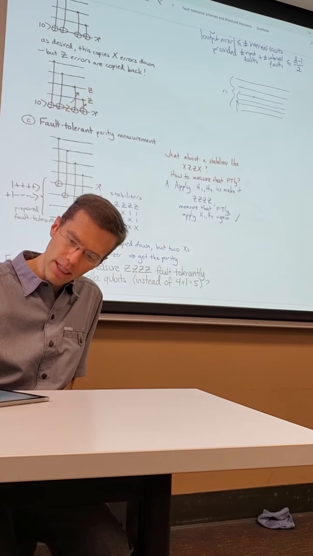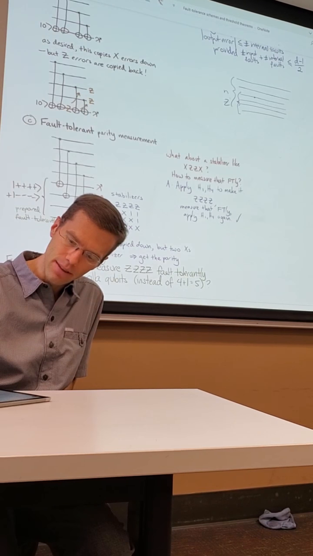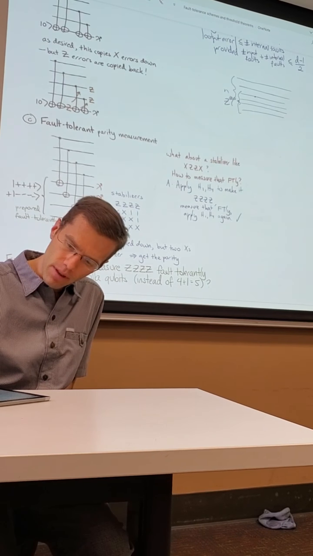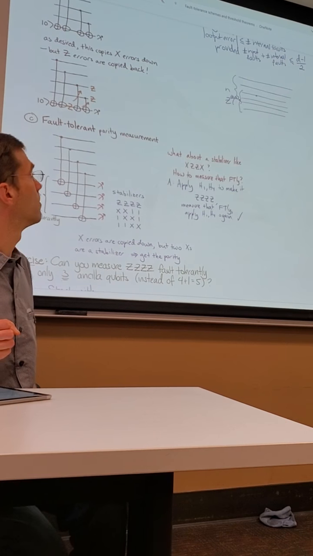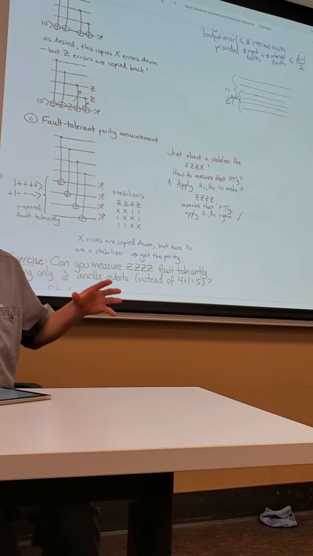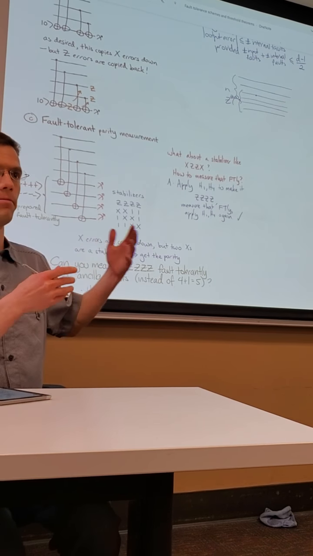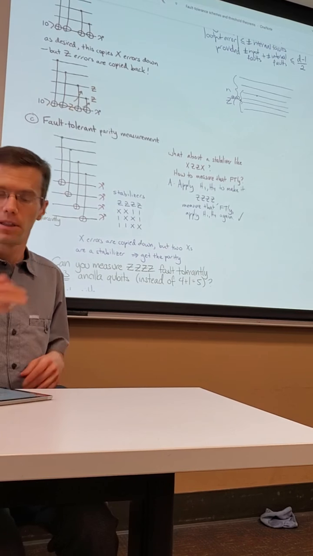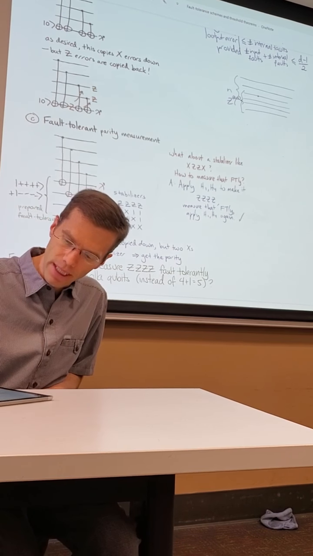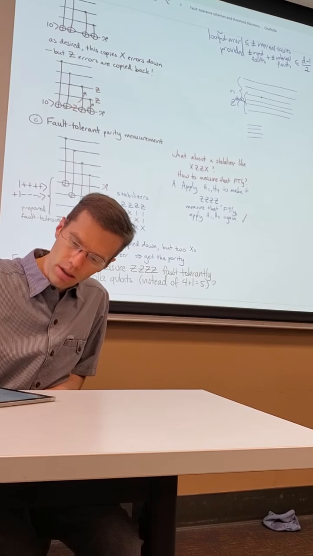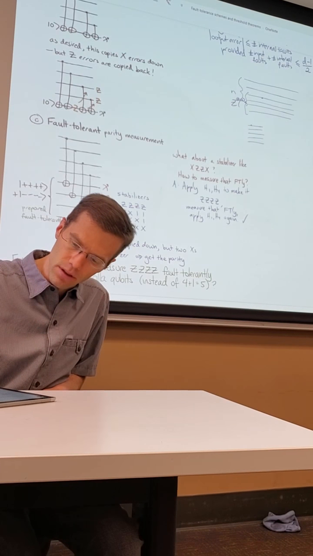But actually, it might be the last W qubits, which might be more than 4. And so we're trying to measure the parity of W qubits. And so what we do in general is we prepare a cat state on W qubits.